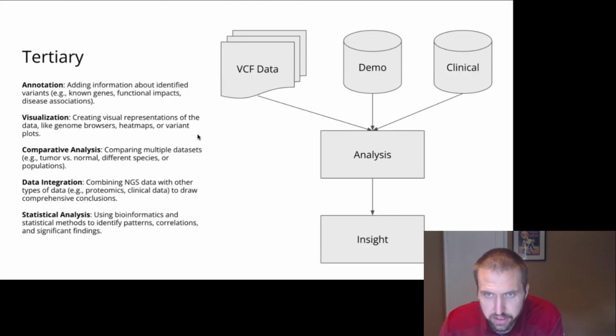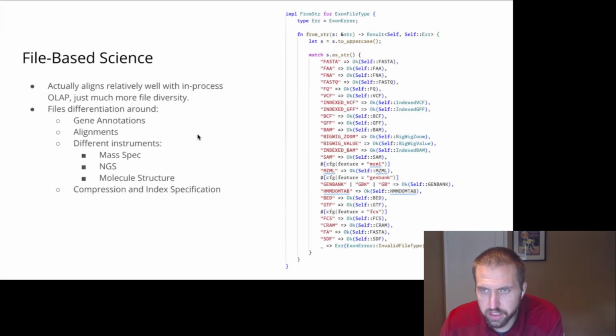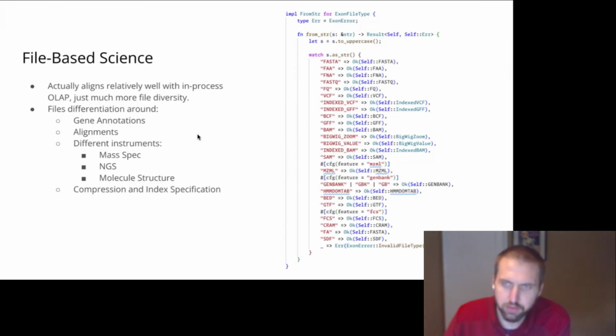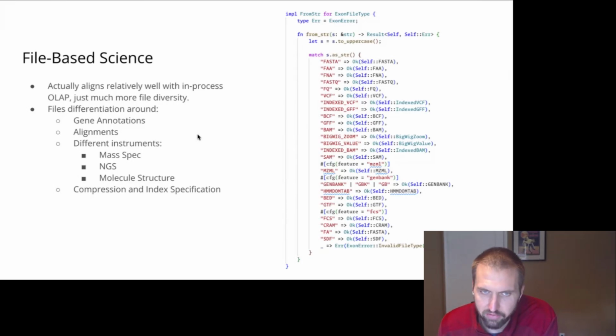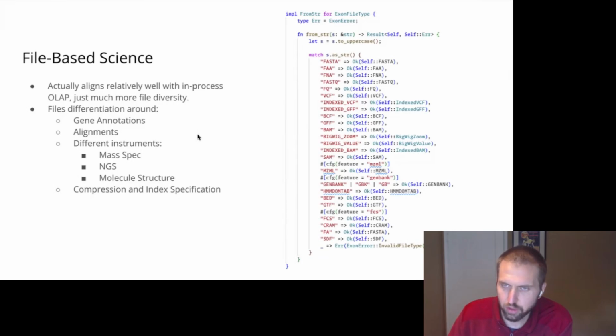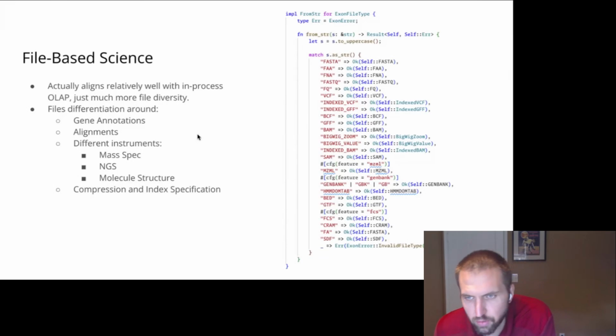One of the challenges in bioinformatics, and a lot of these fields that have progressed in parallel with software generally, is that bioinformatics especially tends to be a very file-based science. A lot of the outputs of these tools are just files. Some people do certainly work with traditional databases, like your OLTPs of the world.